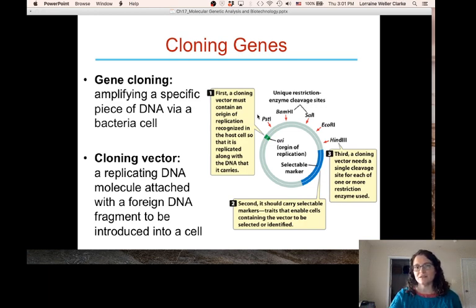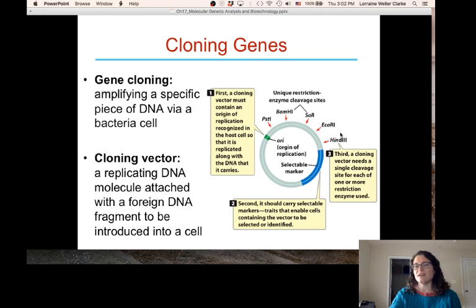You have a cloning vector, contains an origin of replication recognized in the host cell. So it is replicated along with the DNA that it carries, okay? So this is going to be the part where it's going to attach along with the gene that's there, okay?